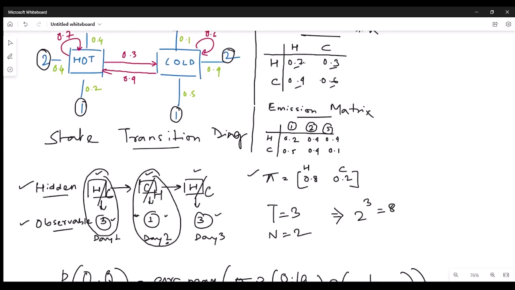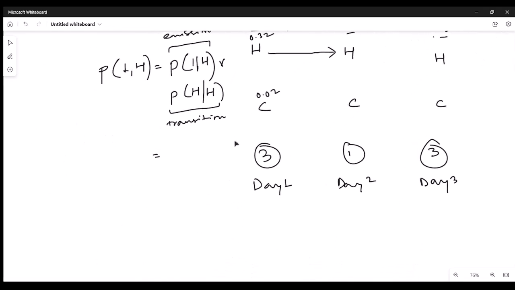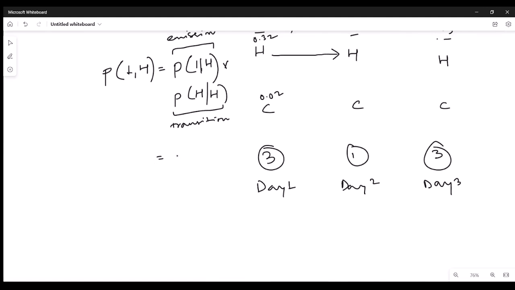H to H is 0.7 and H to 1 is 0.2. 0.2 into 0.7 is equal to 0.14.